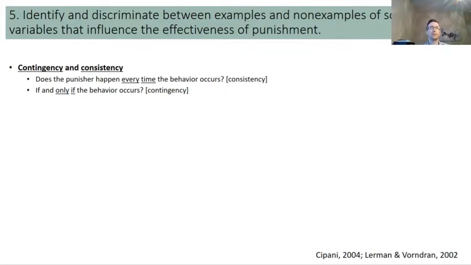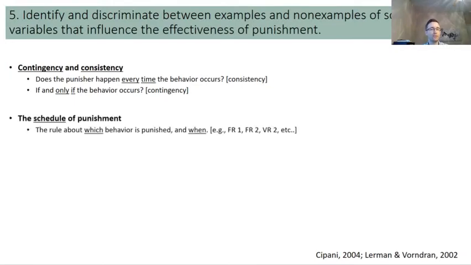So it's like every other time or sometimes the consequence is delivered. Well, that would be inconsistent, but contingent. So you want punishment to be both contingent and consistent, meaning it only occurs if the behavior occurs, and every time the behavior occurs, the consequence is delivered.